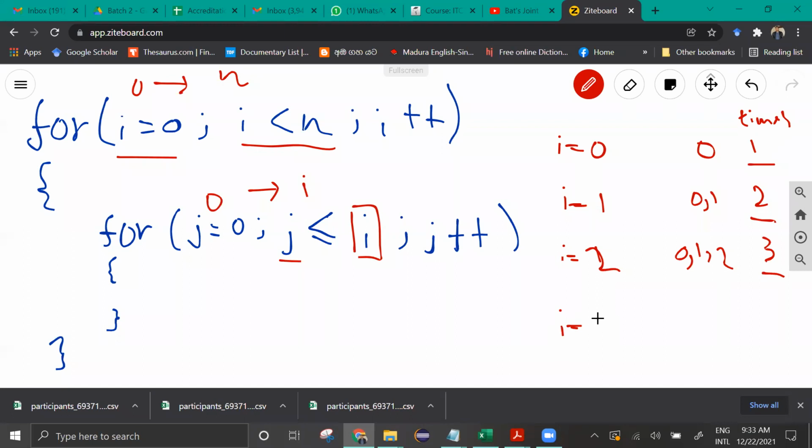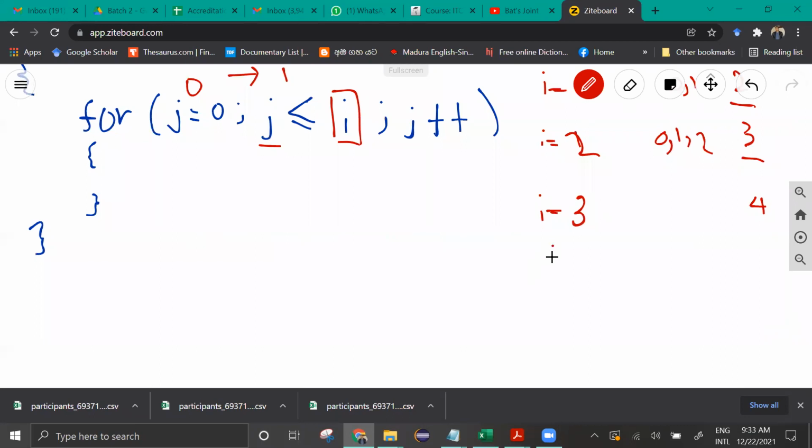When i is 3, the inner loop is running 4 times. Likewise, up to n times.